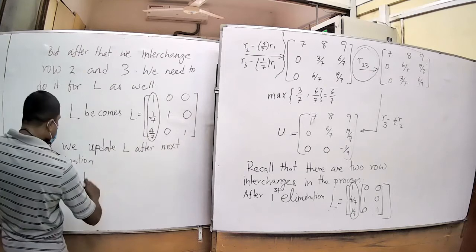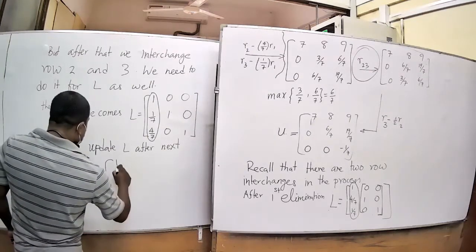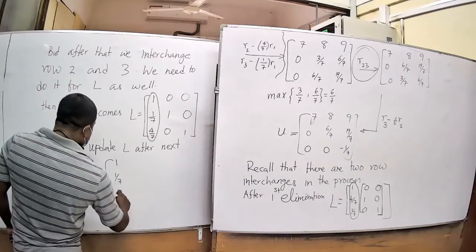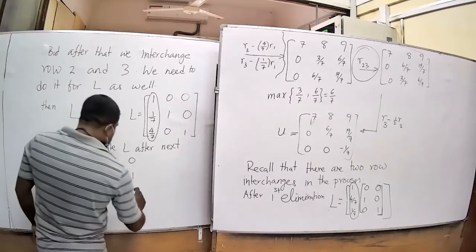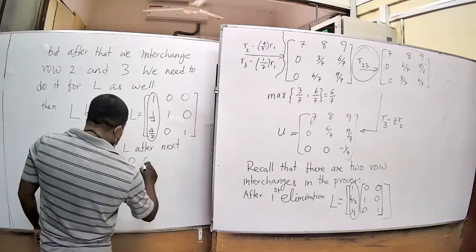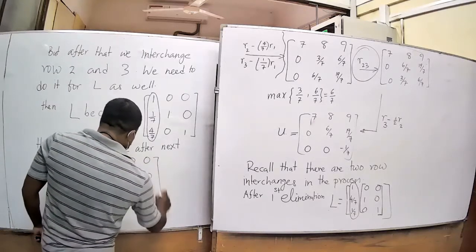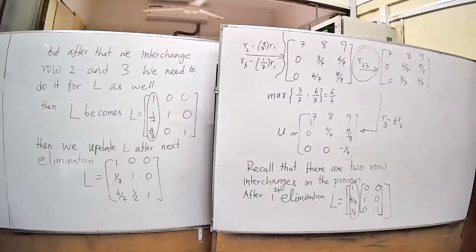In this case, L is equal to 1 0 0, 1/7 1 0, 4/7 1/2 1. And this is how you obtained L.